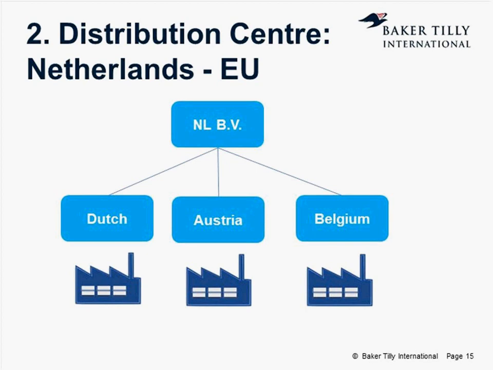This is the entrepreneur from a transfer pricing perspective. It means that the Dutch company has the main functions, the main risks, and the main assets, and the entire stock for the whole of Europe is held by the Dutch company in the Netherlands.